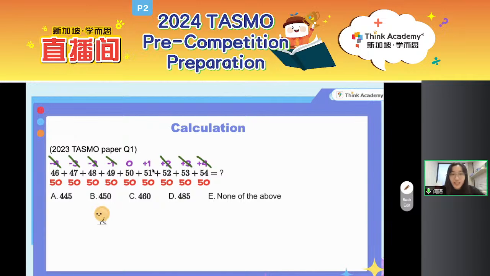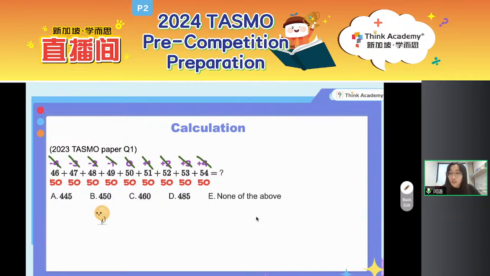Minus 1 and plus 1. So actually, you see that all the purple part above the numbers are cancelled. So in the end, actually, the answer is still 9 times 50, which is 450. Yes. Now understand? You don't need to count it one by one.